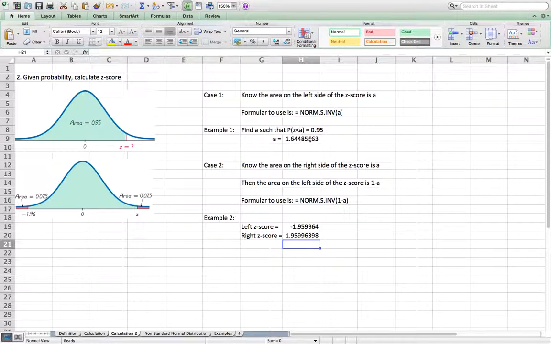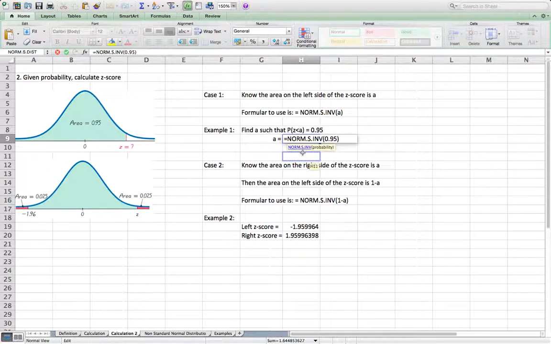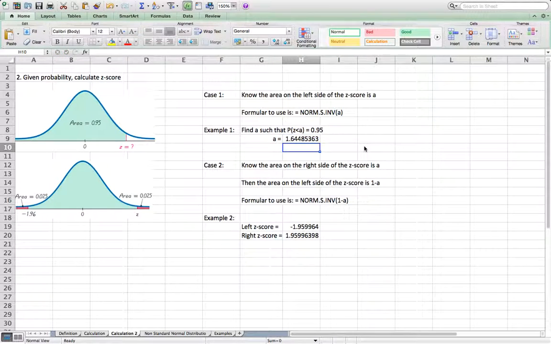The calculation uses NORM.S.INV. You give this function the area on the left side of the z-score, and it returns the value of the z-score, which is 1.6448485.